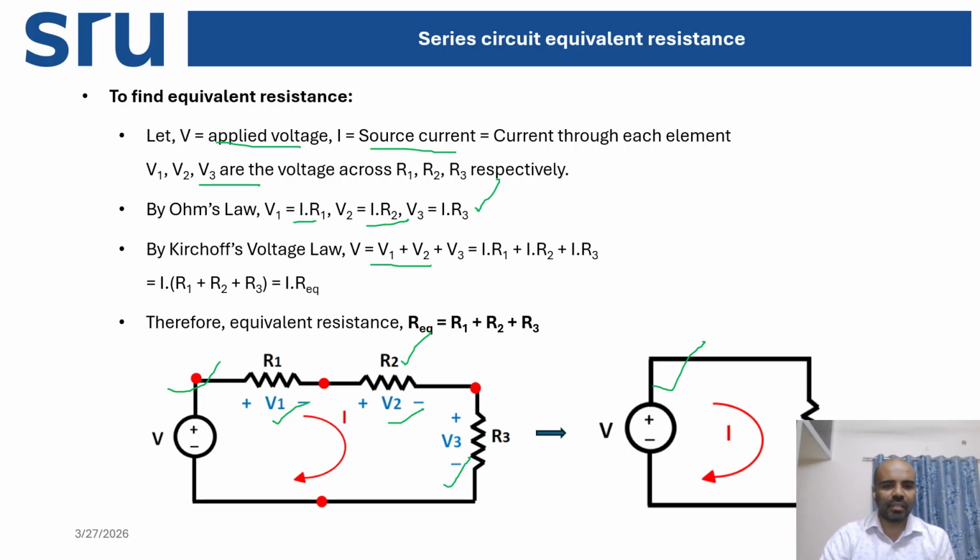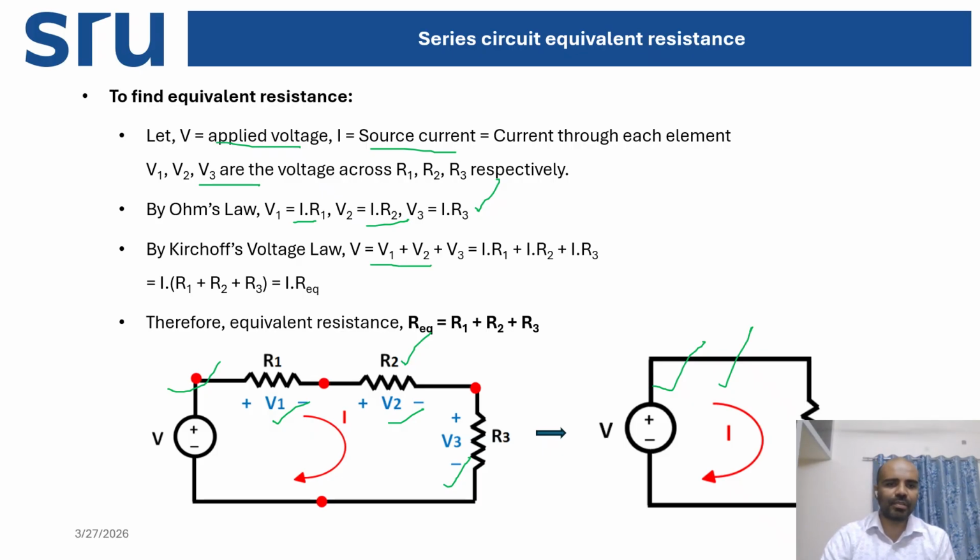If this is the equivalent circuit, the equivalent circuit must have a resistance R equivalent, and the voltage drop across this equivalent resistance is also V. So we can replace V by I times R equivalent, where I is the current through the equivalent circuit and R equivalent is the resistance of the equivalent circuit.